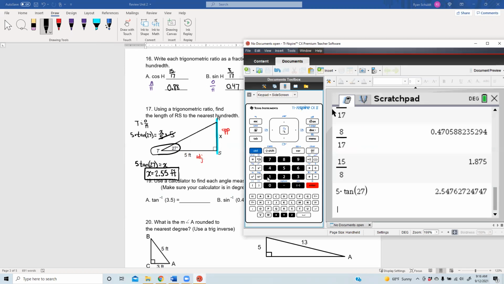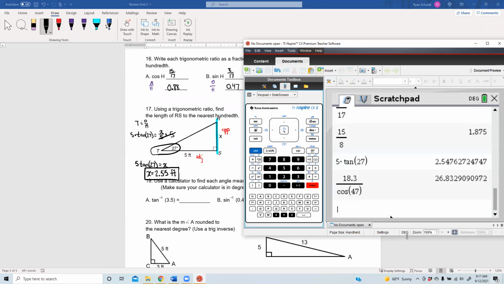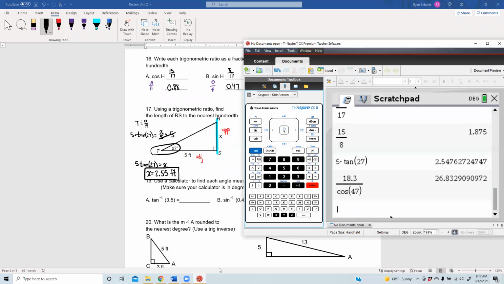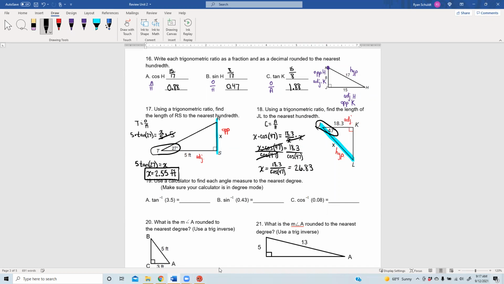Let's see what that is. 18.3 divided by the cosine, not plus, I'm about to really mess up here. Divided by the cosine of 47. That's 26.83. Is it 83? Yeah. And this doesn't have units, so we're just going to leave it like that.